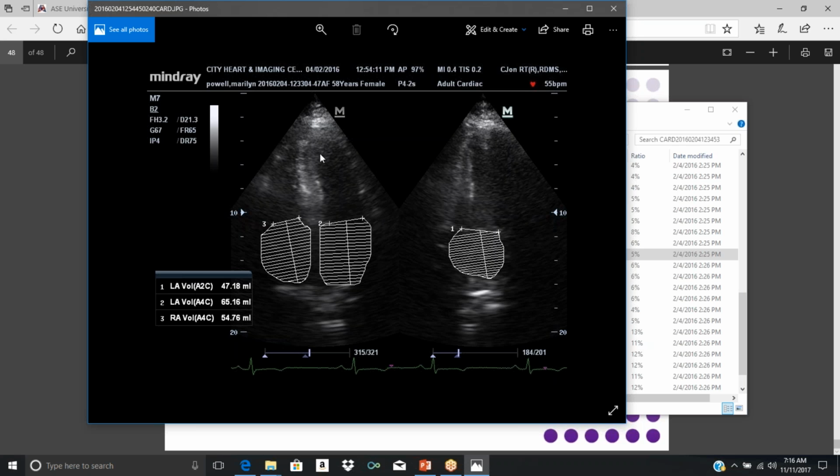In the 4-chamber view, you planimeter the left atrium. In the 2-chamber view, you do the same thing. You do planimetry of the left atrium.